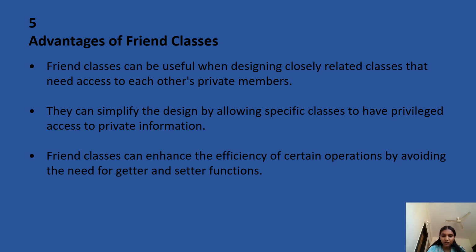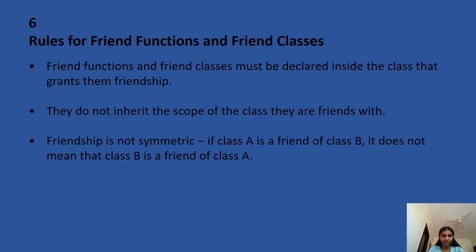They are often used in operator overloading scenarios where external functions or classes need access to private members to perform operations. Enhanced encapsulation: while generally discouraged for maintaining encapsulation, friend functions and classes can be useful in specific scenarios where a controlled form of external access is needed.